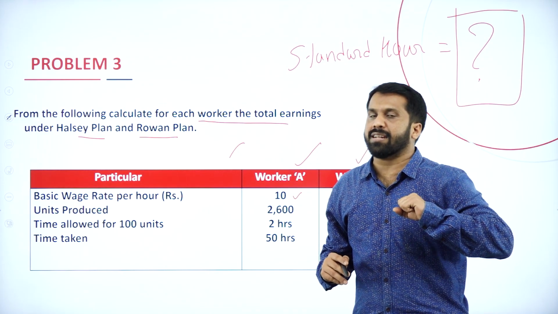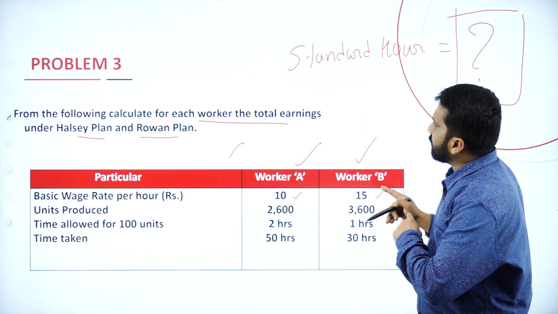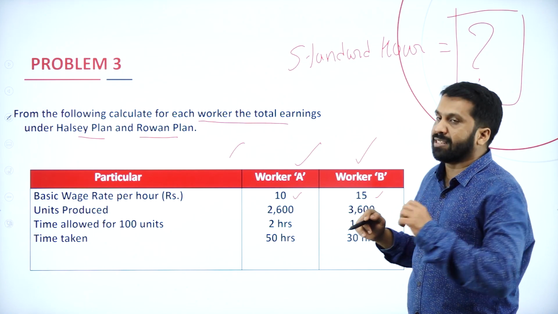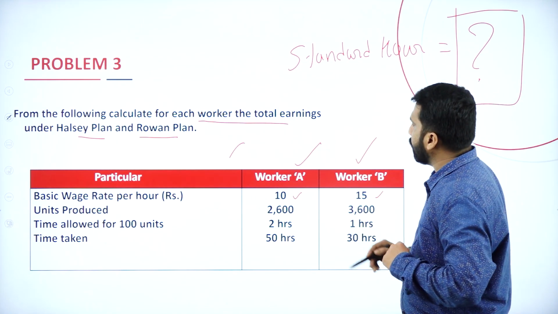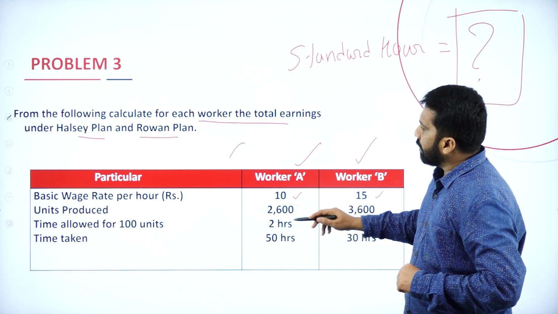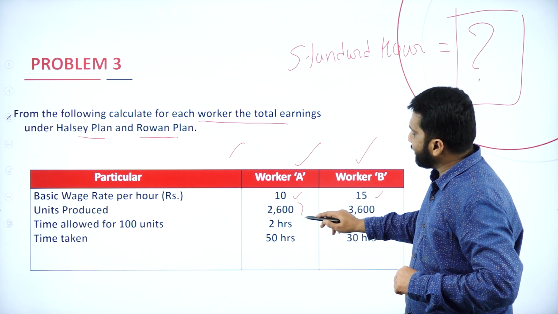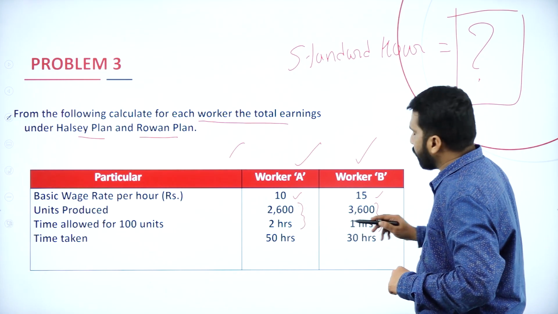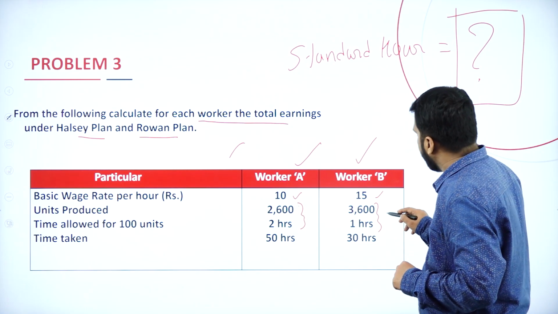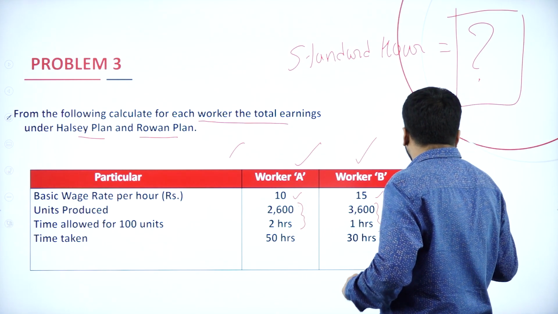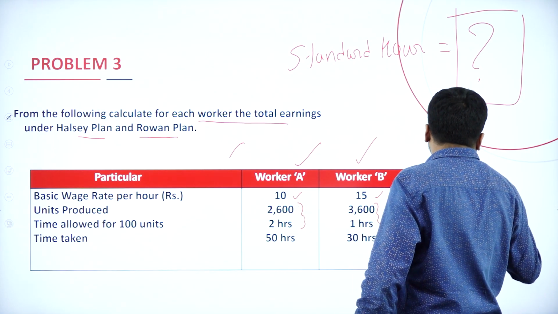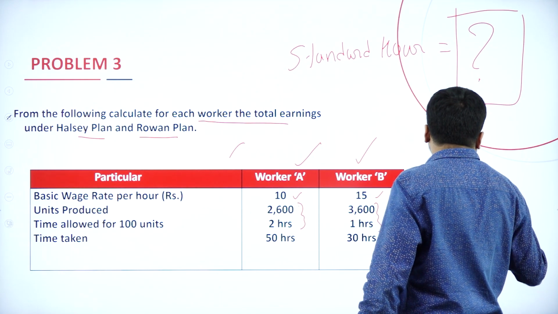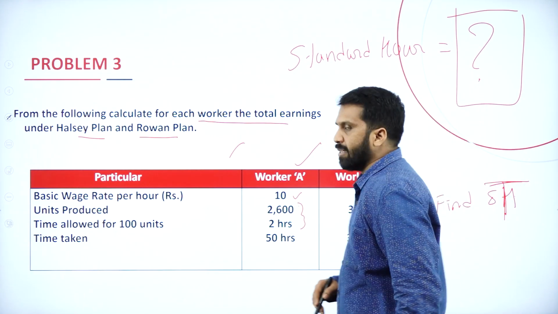Whenever the standard hour is not given, they will give you information about units produced and time allowed. This information will be given to find out the standard hour, or standard time, ST.